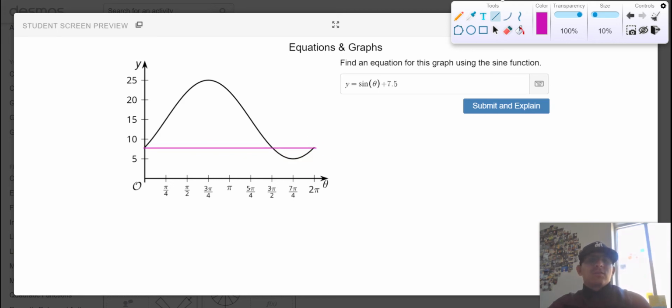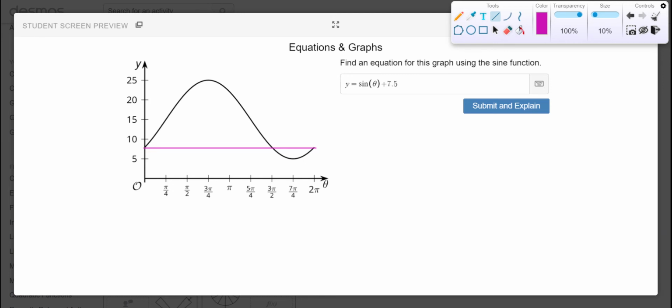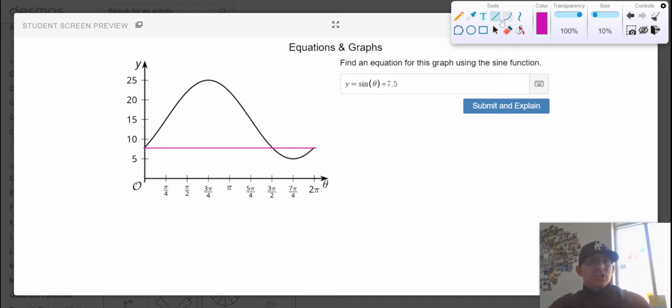The midline is supposed to create symmetry between the maximum and minimum values. So that's something that we're going to need to adjust for. If I draw a line here at about 15, I can see that it looks much more symmetrical.